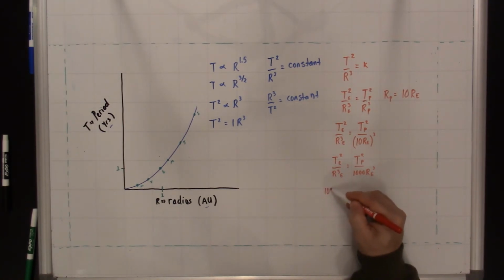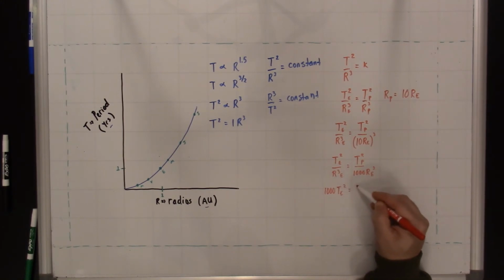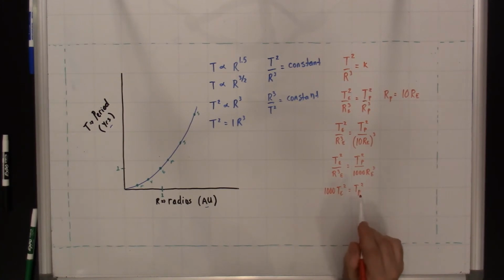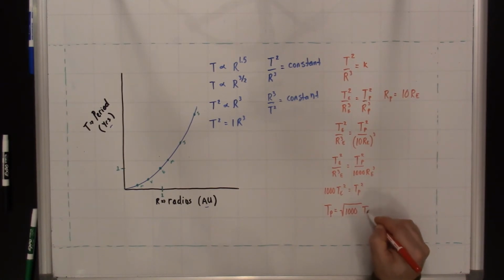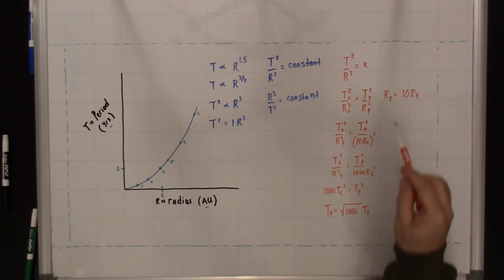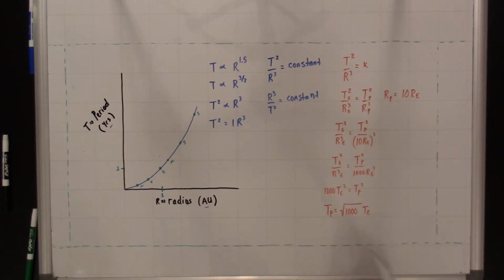So I have 1,000 times t Earth squared is equal to t of the new planet squared. And then to solve for this, I have to take the square root of both sides. And I end up with t for the new planet is equal to the square root of 1,000 times the t for Earth. And so we end up with this idea that you can solve for the period of the new planet in relationship to the period of Earth if you use this equation right here.